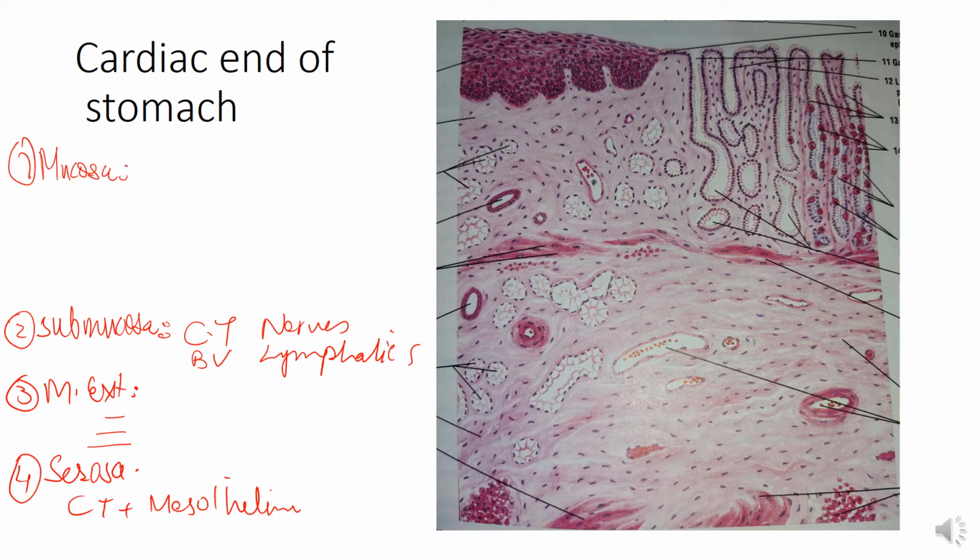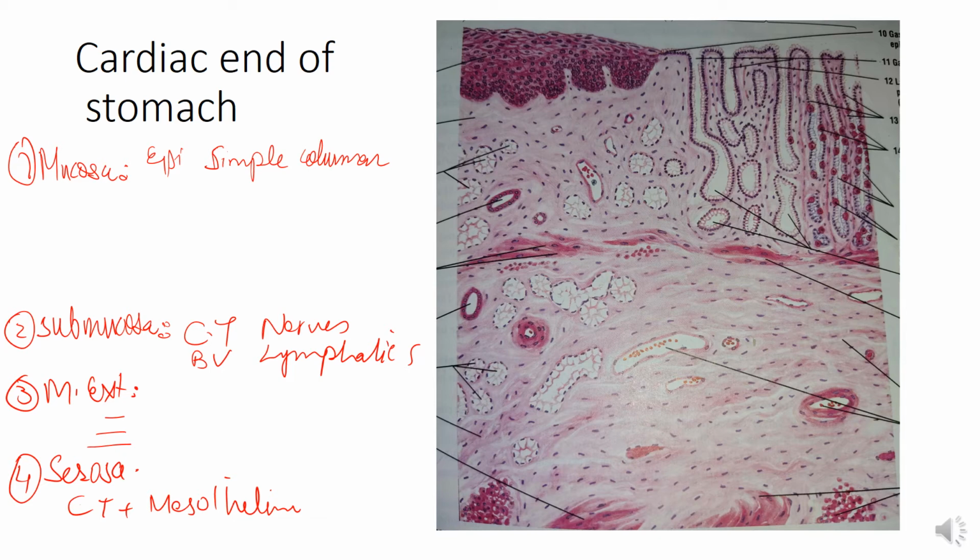Mucosa. Now the mucosa, epithelium lining is simple columnar. Okay, again a type of question comes that asks for the features of the gastroesophageal junction. So what are the changes which are resulting in the gastroesophageal junction?